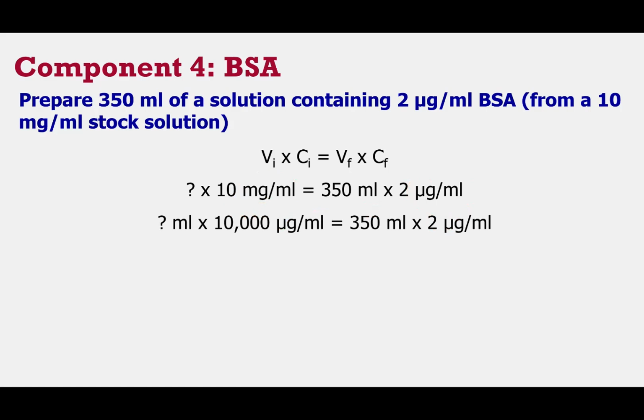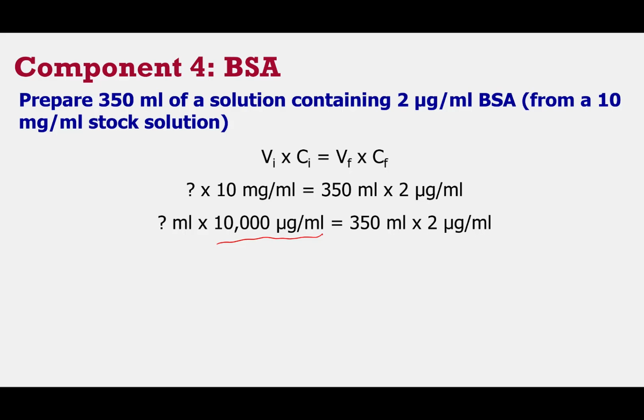And so that was a slightly tricky number to deal with, because we had such a big disparity between 10 mgs and 2 micrograms. So we were going to have to make either one number very big or one number very small in order to match the units. And I've elected to make the number on the left-hand side very large to fit with that.